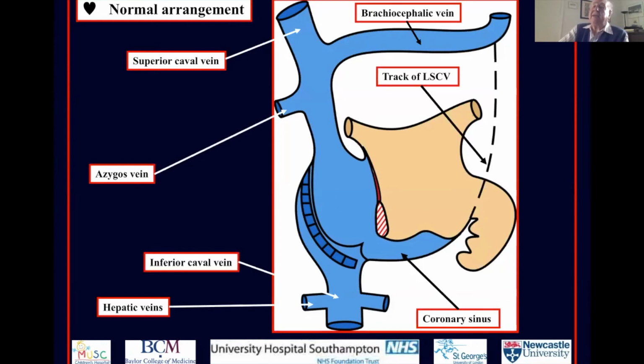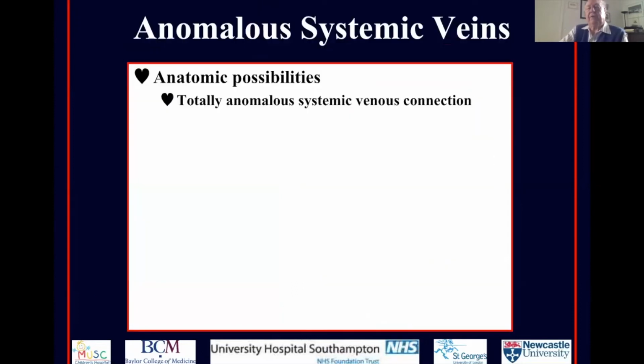Now, there is the track of what initially was the left superior caval vein, which is the remnant of the left superior cardinal vein. And there is an important relationship between the left-sided pulmonary veins and the left atrial appendage, because always, if it is present, the persistent left superior caval vein will track down between the left atrial appendage and the left pulmonary veins, as I am going to show you very shortly.